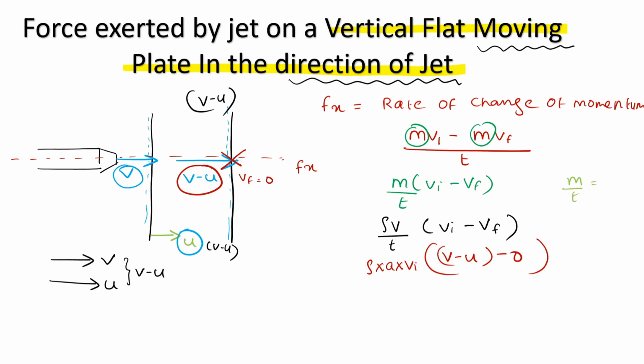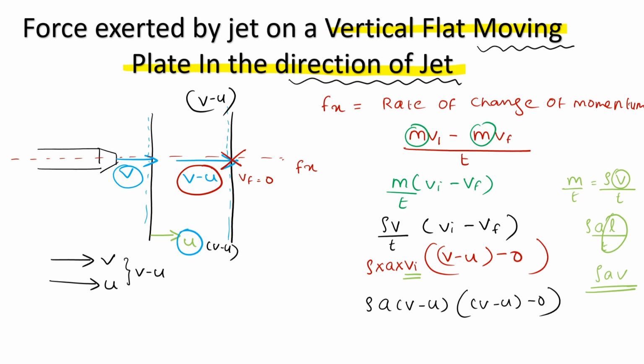Mass I can write as density into volume, and volume is area into length. So density into area into length by time. Length by time is velocity. So rho a v. Here the initial velocity is v minus u. So substituting, the equation will be rho into area into v minus u, into v minus u minus 0. So Fx is equal to rho a (v minus u) whole square.